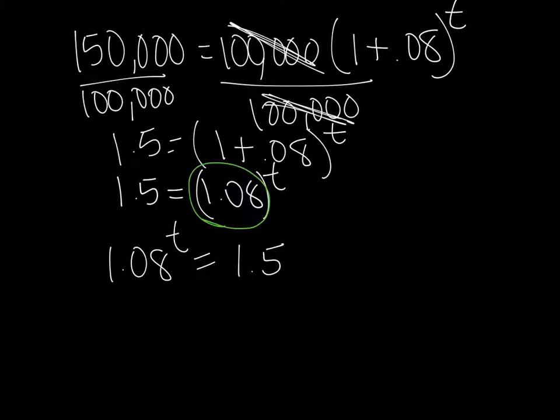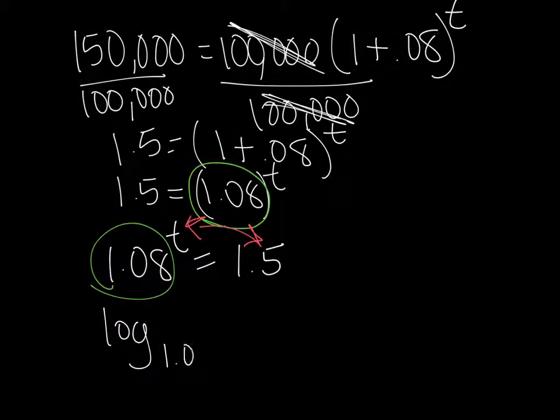Make sure it's base exponent on the left first, so that when you do your switching, it'll work. So here's your base, and now we're going to switch these two. You get log base 1.08 of 1.5 equals T.